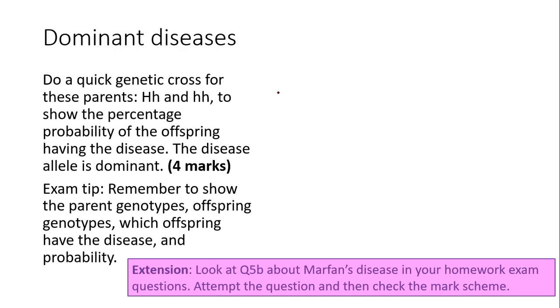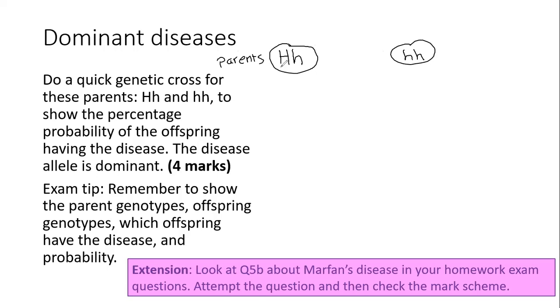So we've got one parent, Hh. I'm just going to write parents here. The other parent, hh. That's their genotypes. So show the parent genotypes. Now I'm going to show the offspring genotypes.